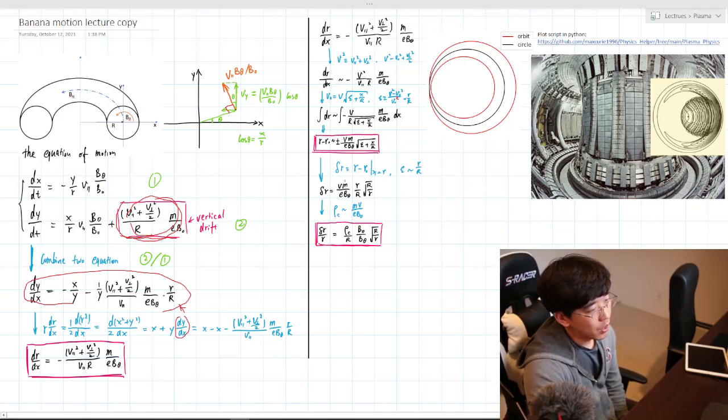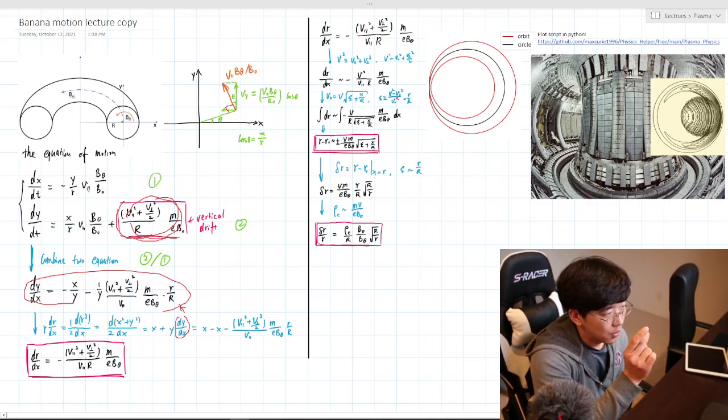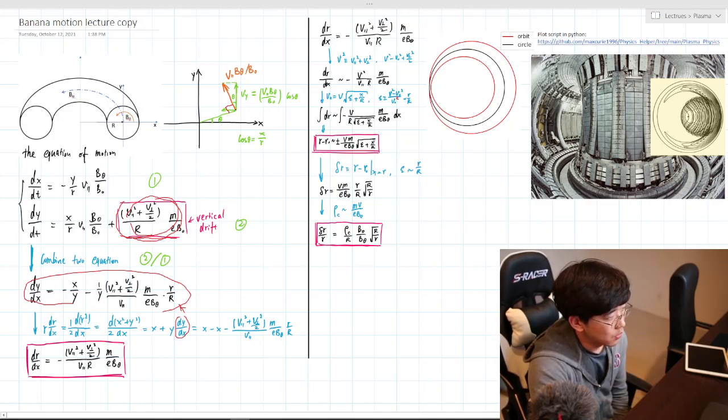And we can also estimate the width of the banana orbit by knowing that at x equals r is where the biggest shift is. As you can see, it is quite trivial because it's monotonically increasing. Then since epsilon is roughly small r over big R, we can write it in such a manner, and we know that the cyclotron length, the Larmor radius, can be expressed as that.